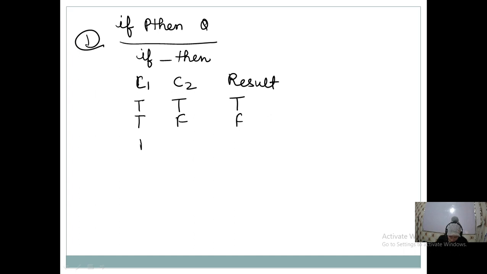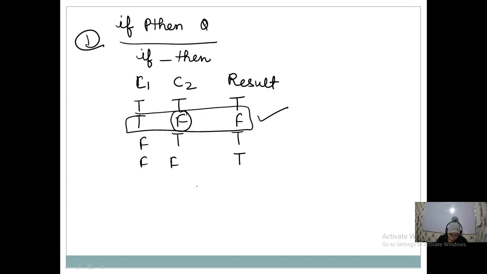But if first condition false but second condition true, then result will be true. If both conditions false, then result will be true. Only the result will be false when the second condition is false while the first is true. You should keep in mind that it will apply on these statements when P implies Q.